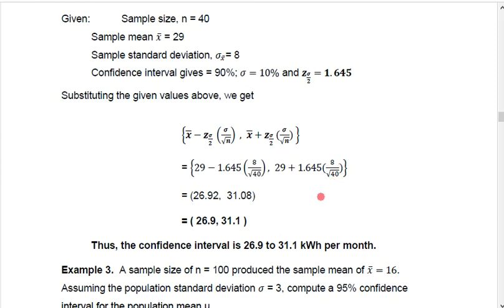So, yung nakuha nating value is 26.92 to 31.1. So, ito yung ating interval estimate o yung ating confidence interval. 26.9 to 31.1. Dalawa yung value niya, but it doesn't mean na dalawa lang talaga yung value. That is from 26.9 to 31.1.